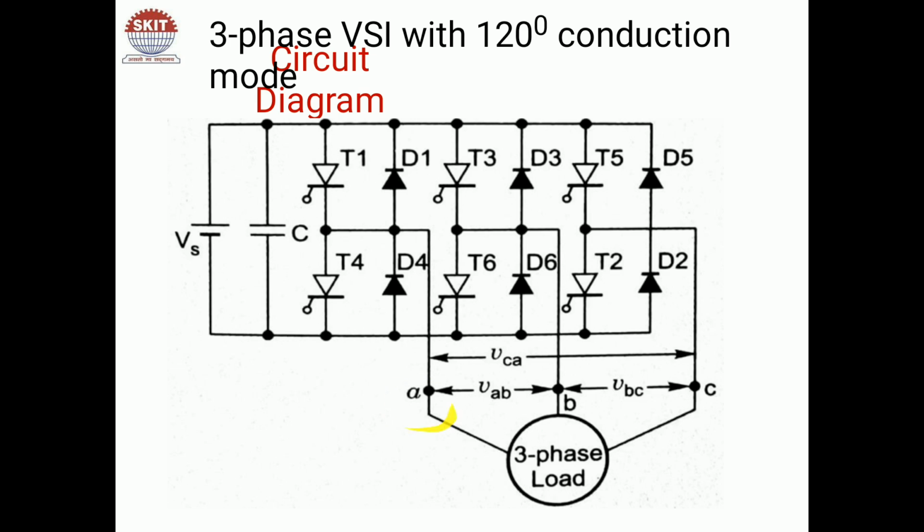Phase A is connected to the midpoint of leg A, phase B is connected to the midpoint of leg B, and phase C is connected with the midpoint of leg C. And the DC supply is connected to the upper and lower points of legs A, B and C. The positive terminal of the DC supply is connected with the anode side of the thyristors, and the negative terminal is connected with the cathode side of the thyristors.